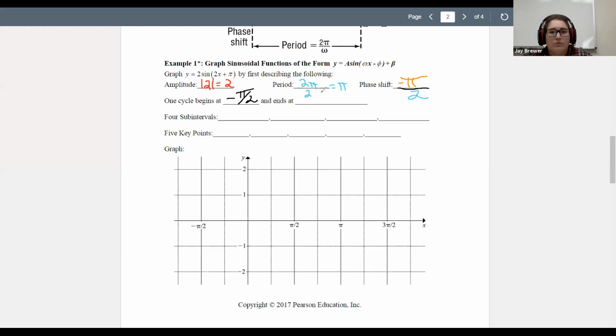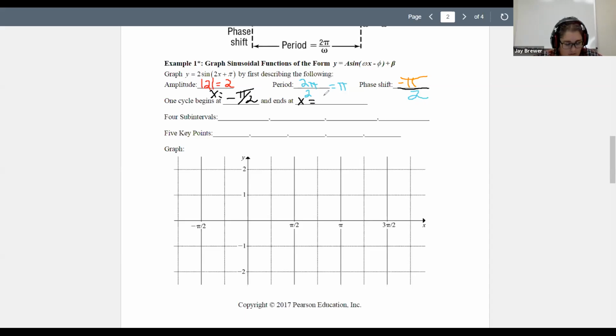Okay, so there is a little bit of a side note here, which I apologize, I did not put on my teacher note. So you definitely want to take note of it. So to find the end point, we begin the cycle here at x equals negative pi over 2, which we just found. To find where it ends, there's another small formula, so I want you guys to write all this down.